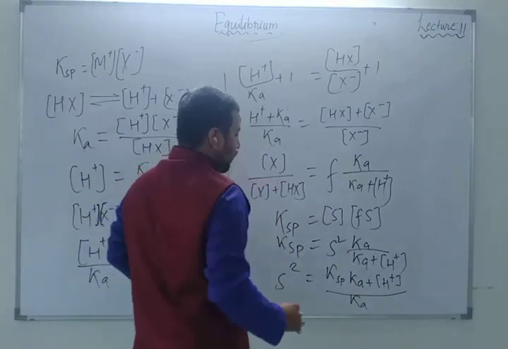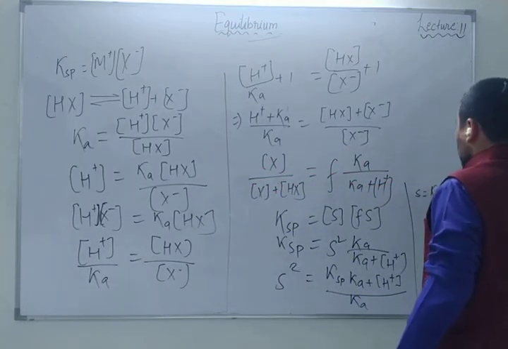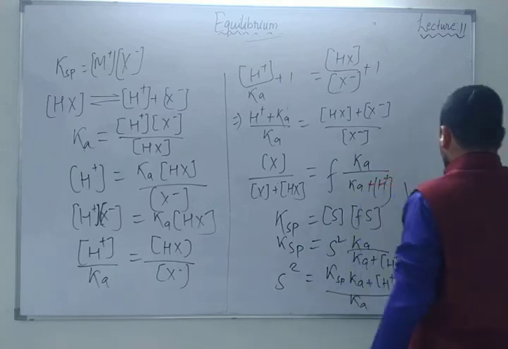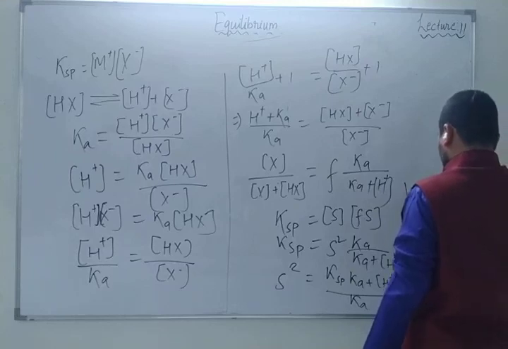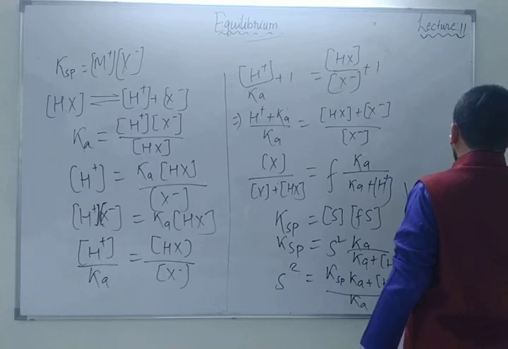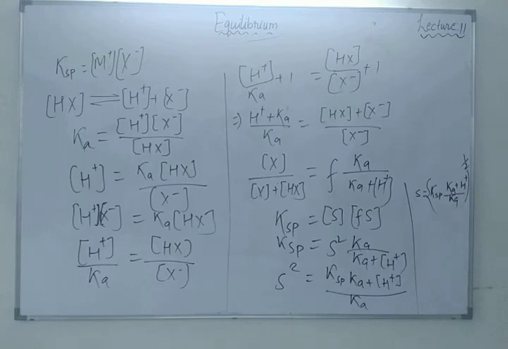And if you want to calculate the value of S, the value of S is equal to KSP into Ka plus H plus upon Ka under root, means to the power half. So here you can see that solubility increases with the hydrogen ion decreasing, that is, with the decrease in the value of pH. So this is the way by which you can calculate the common ion effect on the solubility of ionic compounds.